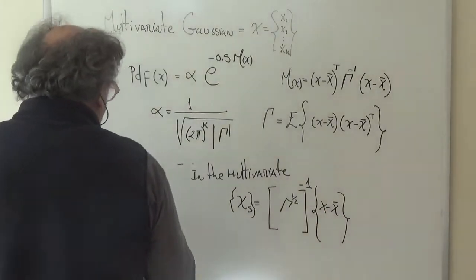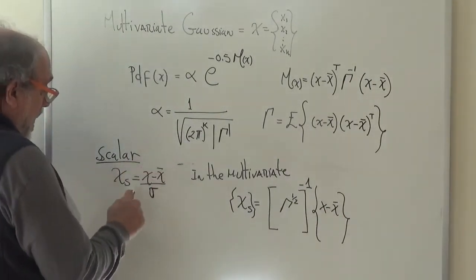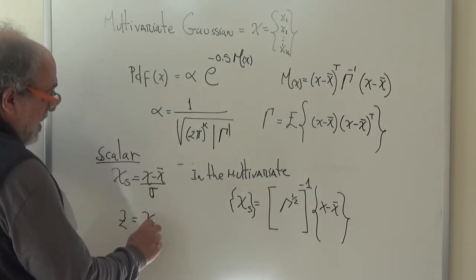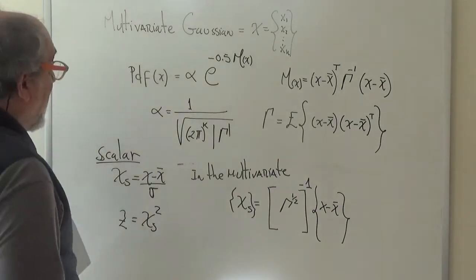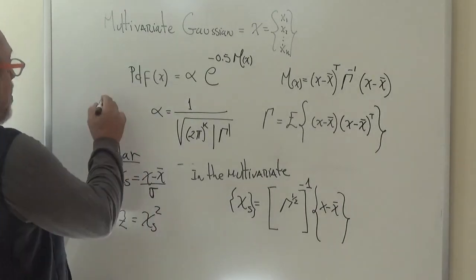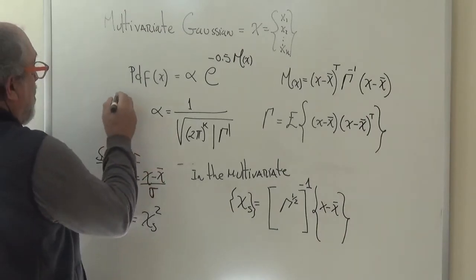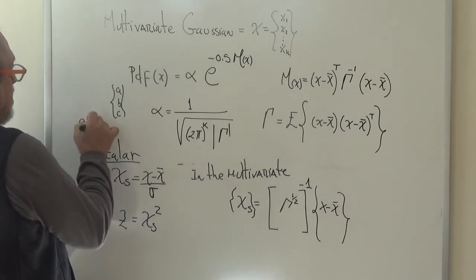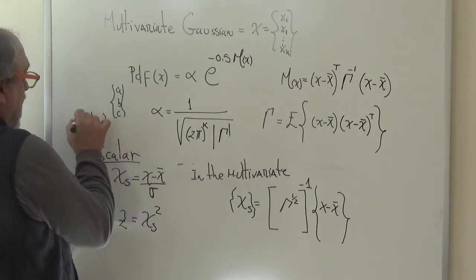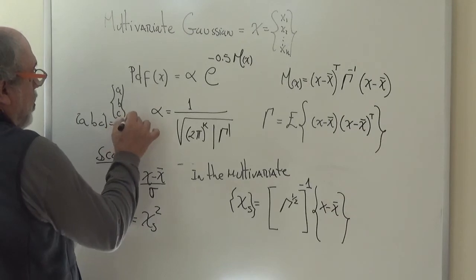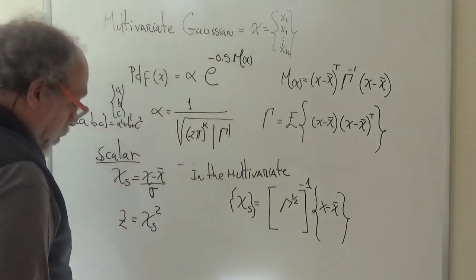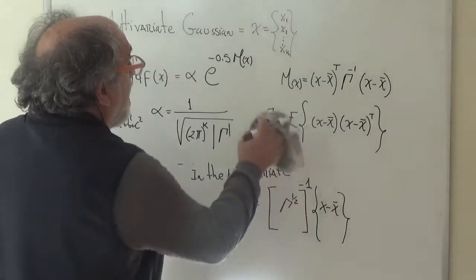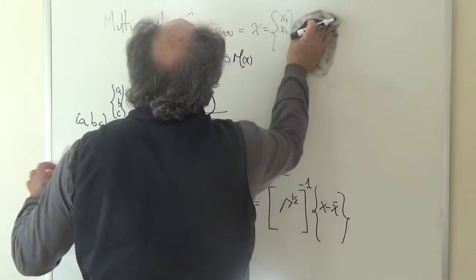Now, the way we went from here to the chi-squared was, we said z was x squared, right? Now, in the case of a vector, the way you square the vector is you multiply the transpose of the vector times itself, right? So if you have a vector a, b, c and you multiply it times its transpose, you get a squared plus b squared plus c squared, right? So what we do then is we take this vector here, standardize, and we square it.